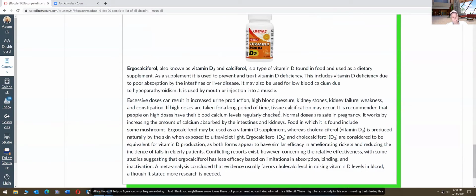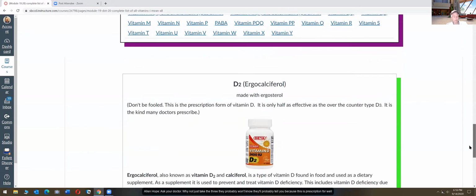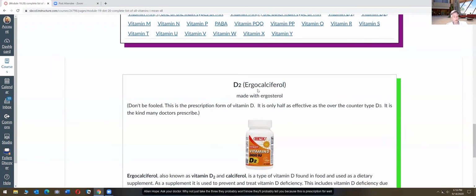But you can read up on it, kind of what it is a little bit. There might be somebody in this Zoom meeting that's taking this. Ask your doctor, why not just take D3? They probably won't know. They'll probably tell you because this is the prescription form. Well, D2 is converted to D3 in your body at about a 50% efficiency rate. 50%.